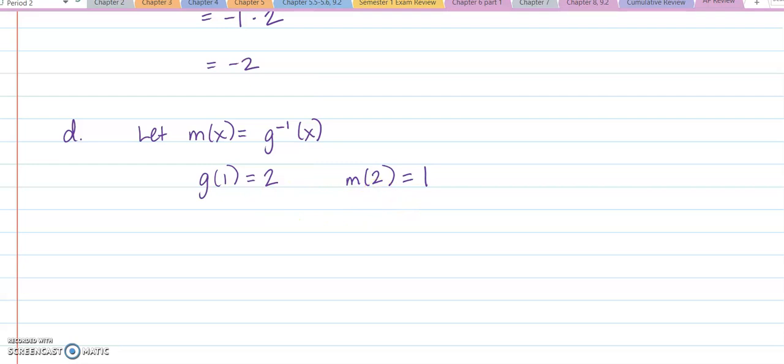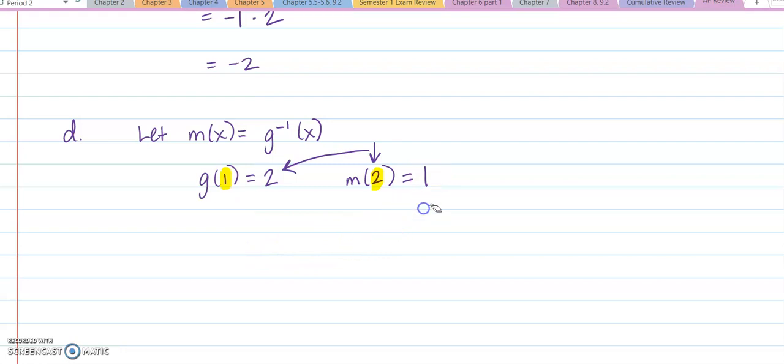How did I know to do g of 1? It's because the question asked me for the line tangent to the graph of g inverse. And we know that the inputs into the inverse are exactly the same as the outputs in the original function, and the output here is exactly the same as the input into the original function.